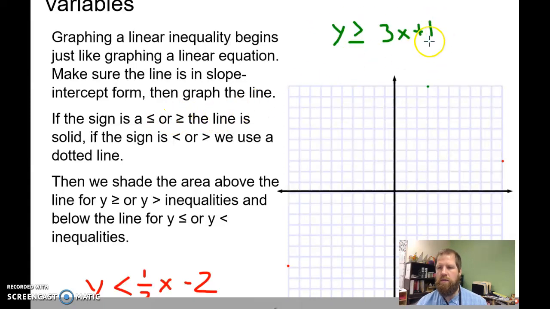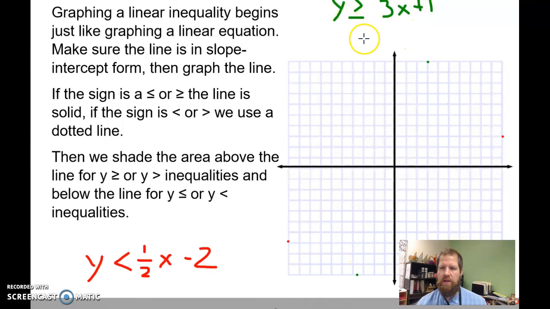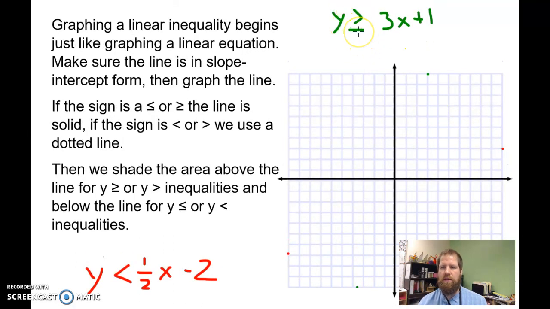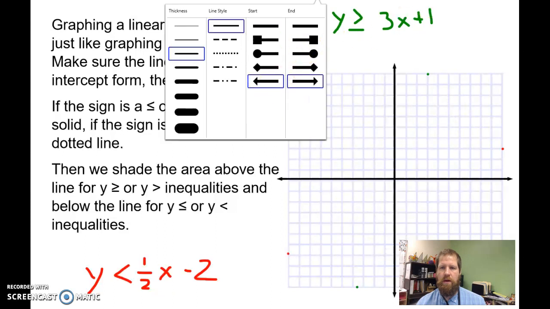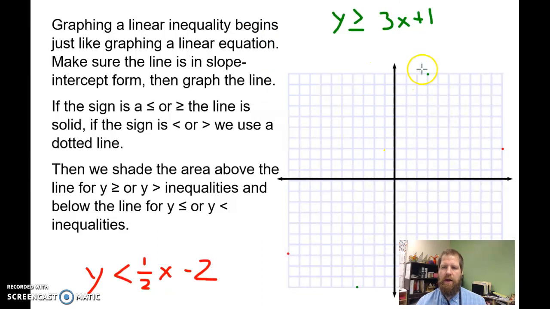So start with your equation. This is a greater than or equal to, so I'm going to be using a solid line. I've made some little cheat points so I can do this faster, but basically you'll graph it the same way.